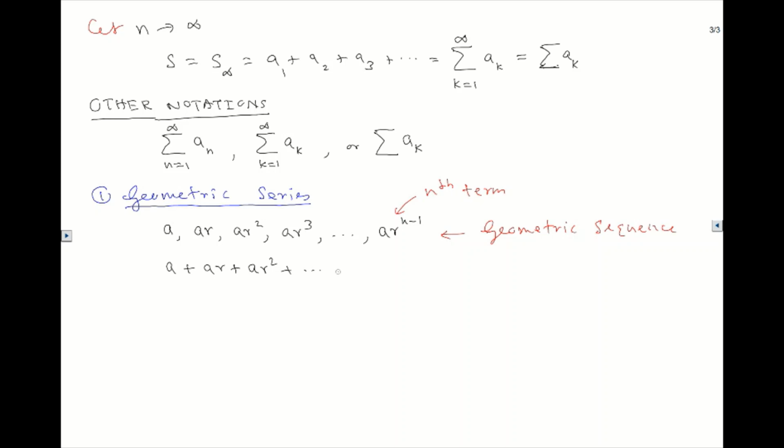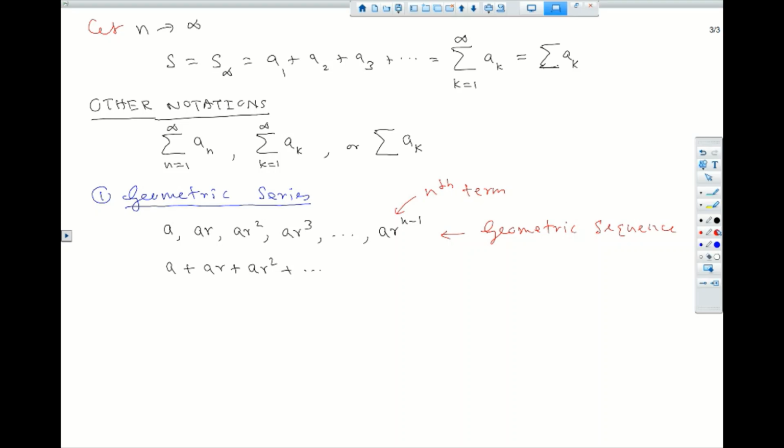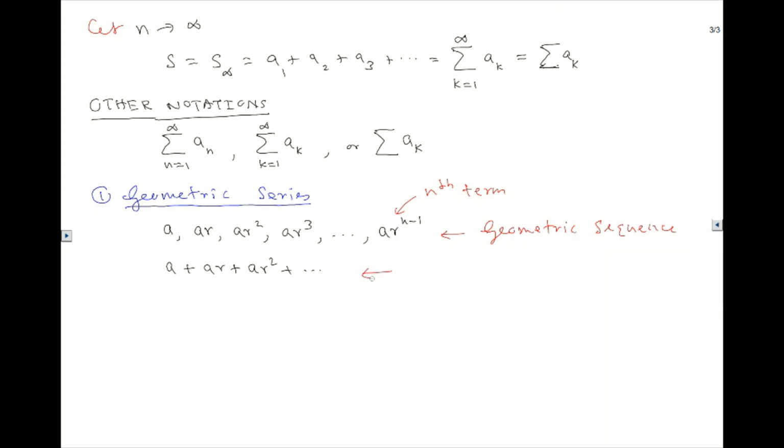Then what we get is what we call the geometric series. Now the question is, when you add these numbers, is it finite or not?